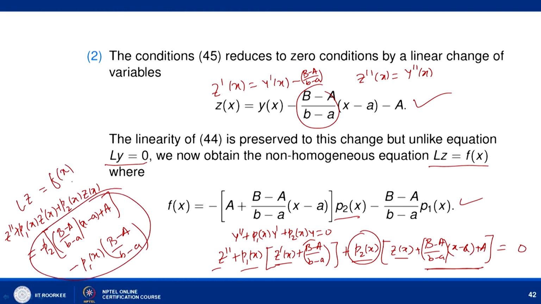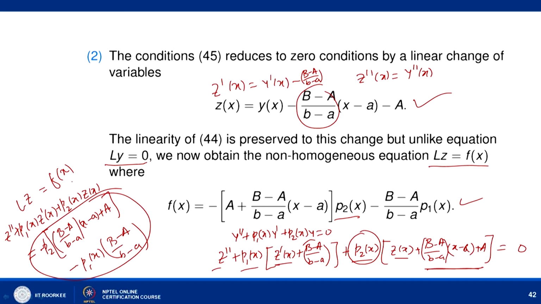So by changing the non-homogeneous boundary condition to a homogeneous boundary condition, we have used this transformation. But this transformation, while changing the boundary condition to homogeneous, also changed the homogeneous equation to a non-homogeneous equation. So what we have done is that we considered the homogeneous equation with non-homogeneous boundary condition.